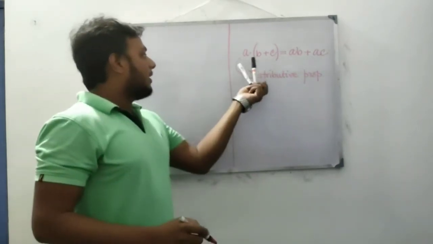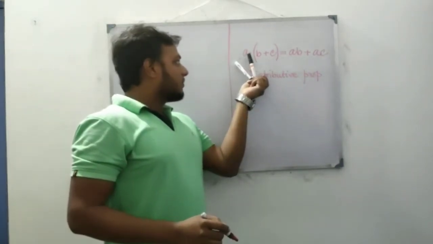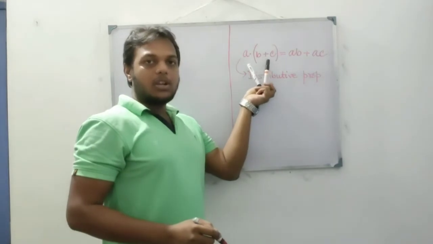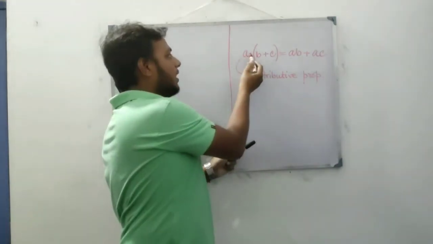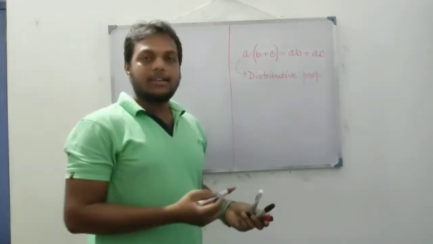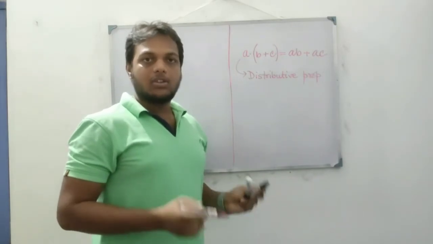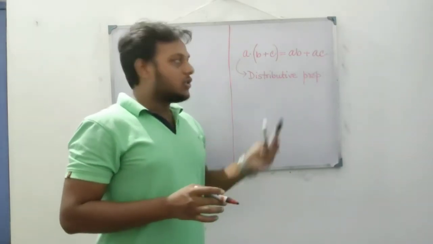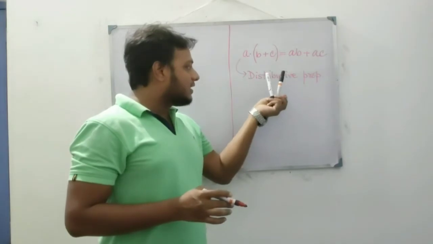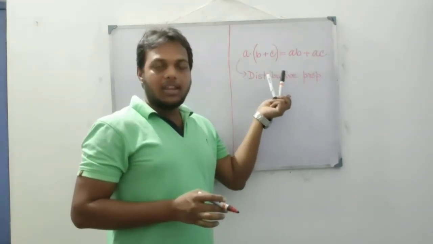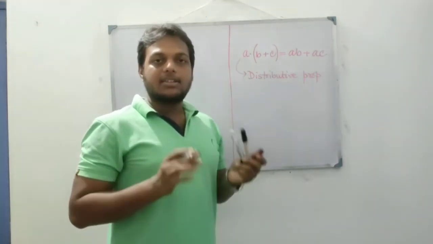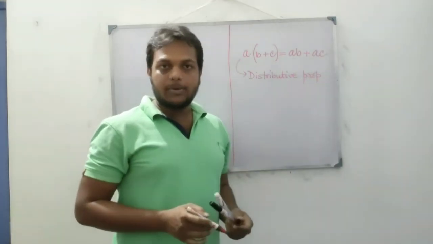So look properly, then you can observe that in the case of distributive property, we need two operations. See here, one multiplication is there, another plus is there. So we need two operations.